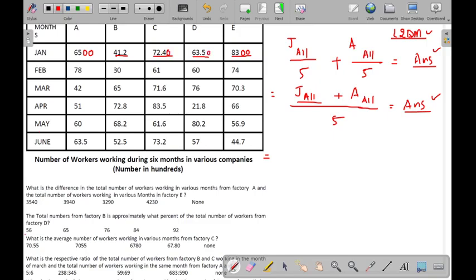Take the last two digits of Jan all: 00 plus 40 plus 50 plus 00.